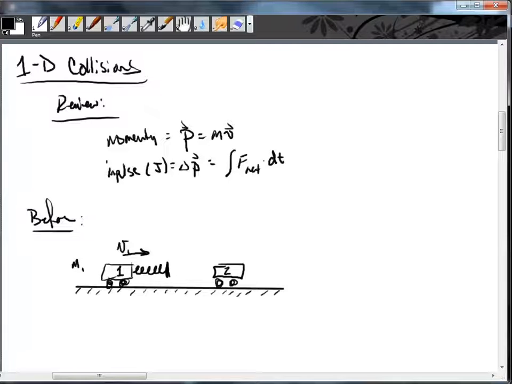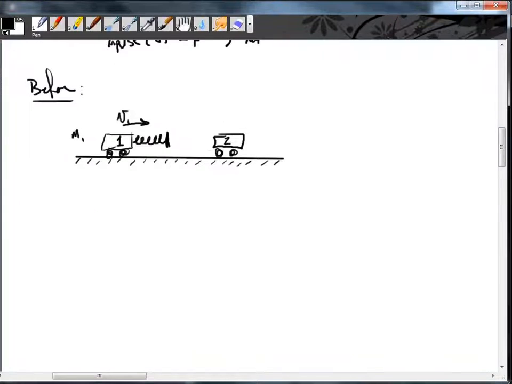Crate 2 has 0 initial velocity; it's just standing there, waiting for the collision. I'm going to draw you the during. You don't need to draw a during for a collision, but we're going to have one for this one.